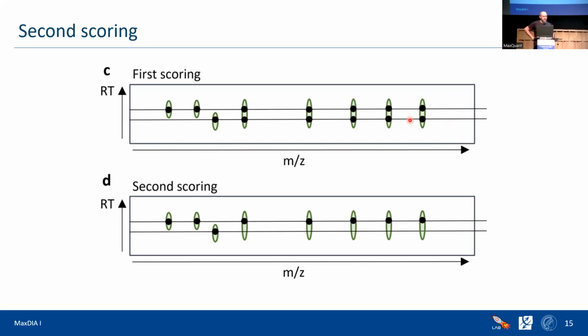Any other workflow that is not doing the feature detection wouldn't actually know that you're overinterpreting the data, right? But we would know, and we can avoid it by doing the second scoring. So the second scoring is just taking a subset of the results of the first scoring. It's basically omitting points, so as to achieve that each feature is used only once.